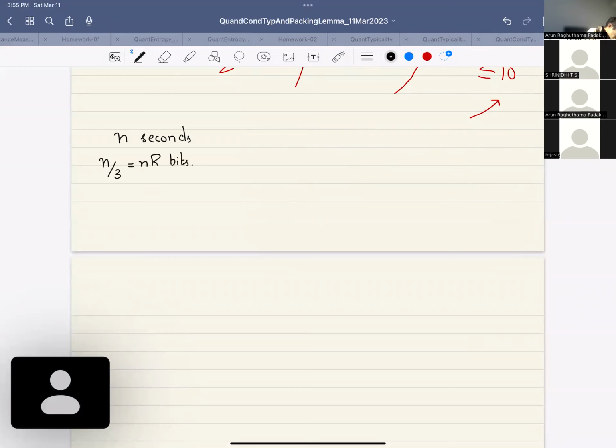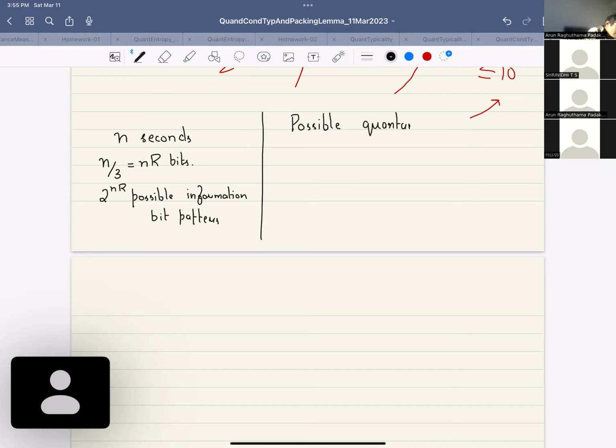So which means I have 2 power nR possible information bit patterns. What are all the possible quantum states that can be prepared?